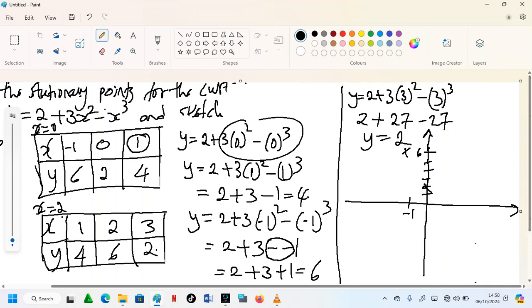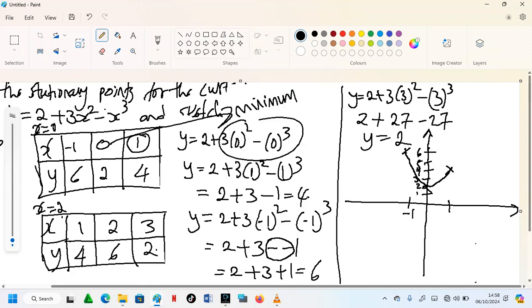Then we have (1, 4), so 4 is there. This is a turning point already, because the curve goes like that. And that tells you that 0 is a minimum, because you can see the way it's turning.